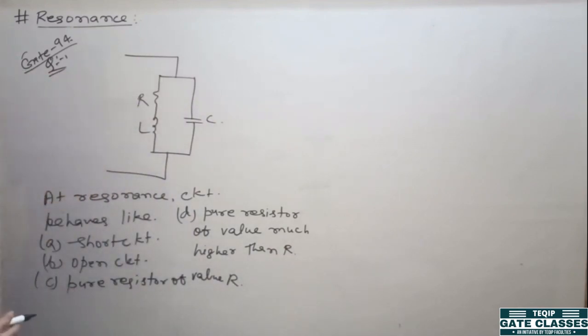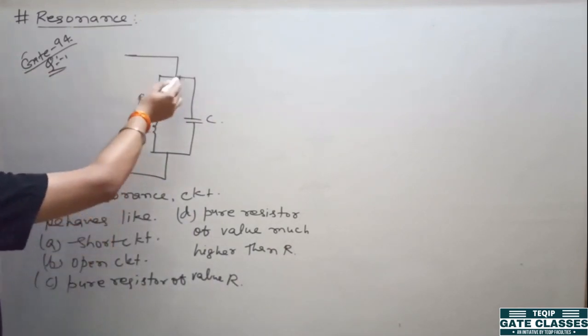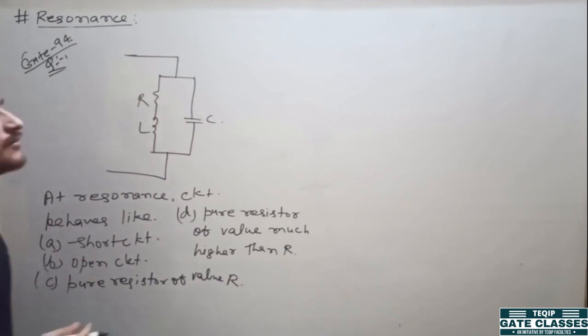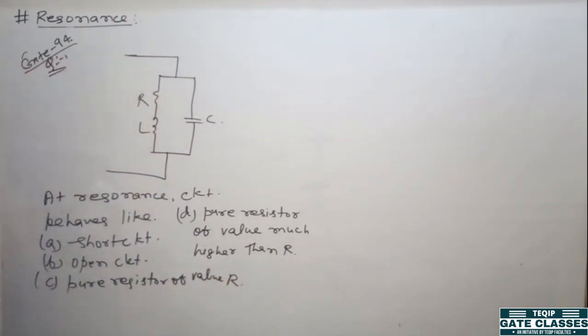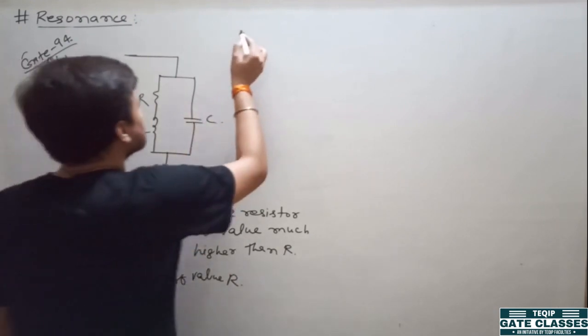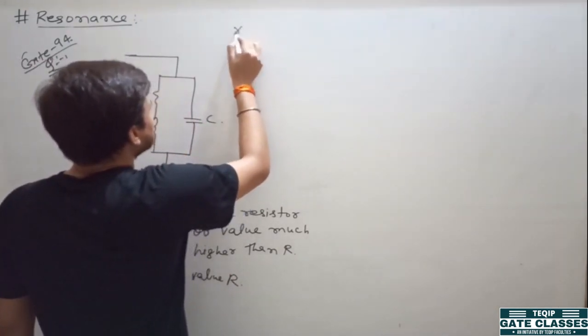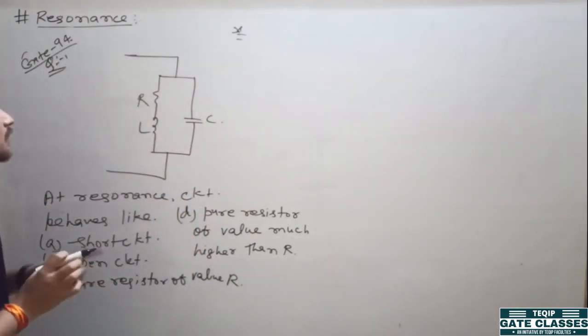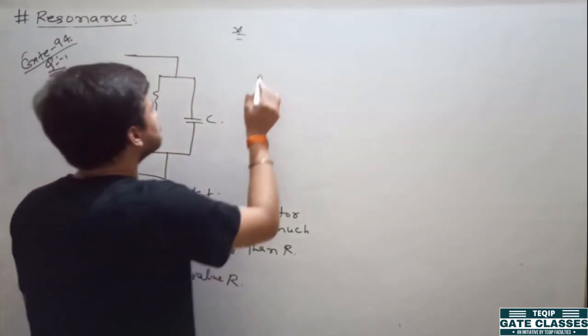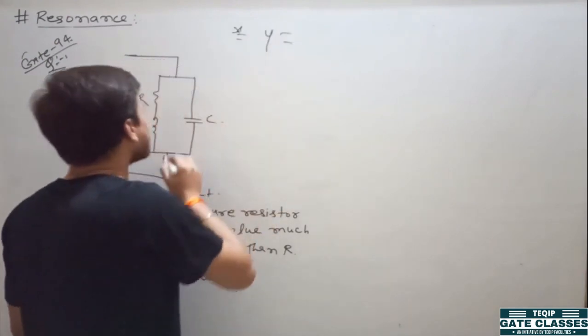So now what we have to do is check at resonance the circuit will behave like what. So let us see how to write the expression at resonance. Come to the solution. Here these two branches are connected in parallel, so we will write for Y, because parallel branches are there.